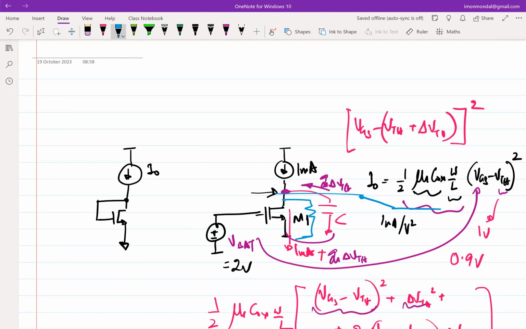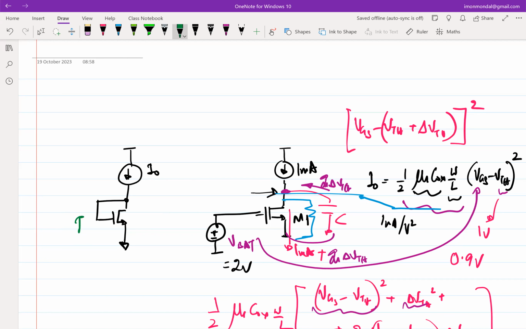So how do I do that? I do that by using negative feedback, the argument for which we made in the last class, by connecting the drain and the gate. In this case, naturally, if the threshold voltage increases, then the gate to source voltage will also increase, thereby changing the feedback.